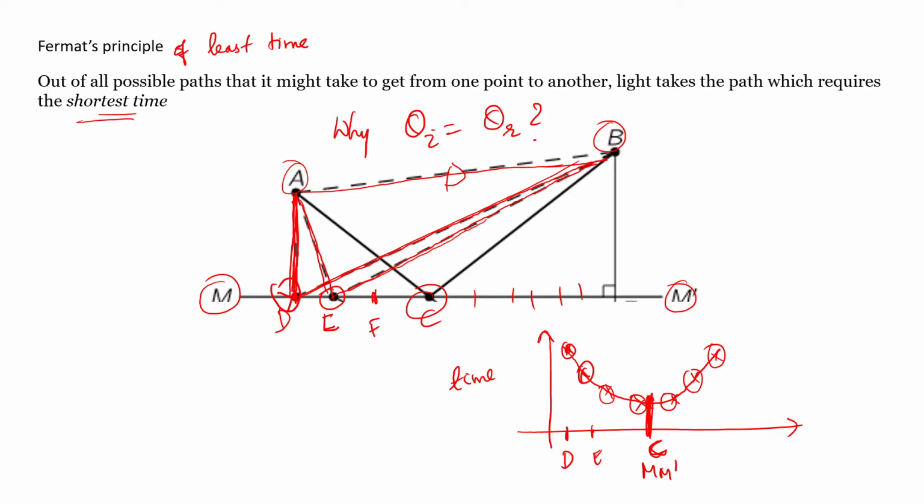It is not very easy to understand why Fermat's principle of least time should be working. We have explained theta I is equal to theta R in terms of another principle of least time, but we also need to explain why Fermat's principle of least time is valid, right?